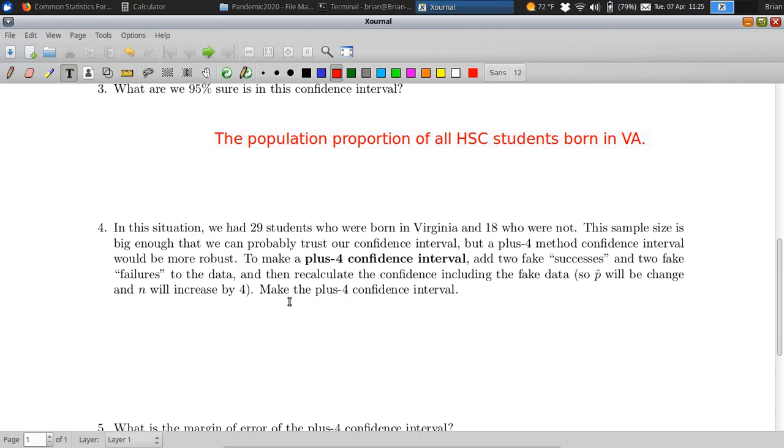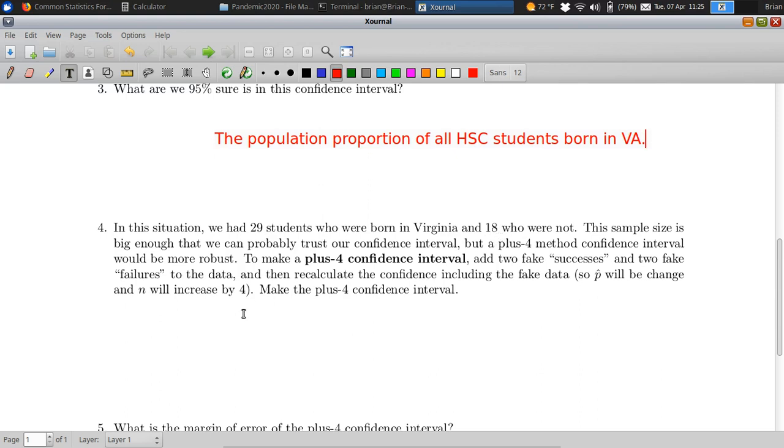So to do a +4 confidence interval, you take your data, which in my case is the 47 students, and you take all the students who were not born in Virginia, so there were 18 of those, and you think of those as the quote-unquote failures, and then the other ones are the quote-unquote successes, and you basically add 2 fake successes and 2 fake failures to your data. So I'm adding 4 fake students to my data.